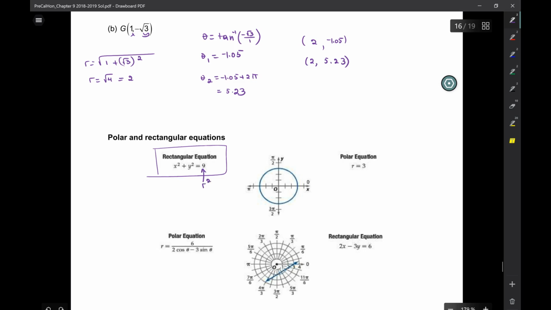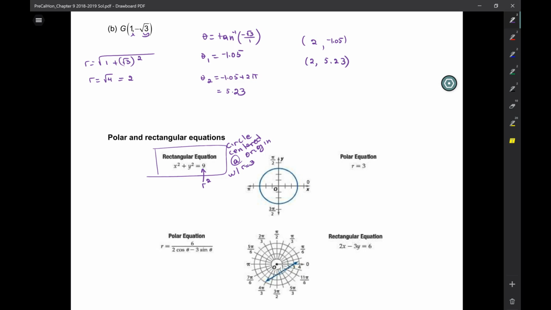So basically, this is a circle centered at the origin with radius 3. I could either do all of that, or I could just say r equals 3 and plot all of the points, the set of all points that are 3 units away from the origin, and I get the same graph, right? So those two mean the same thing.